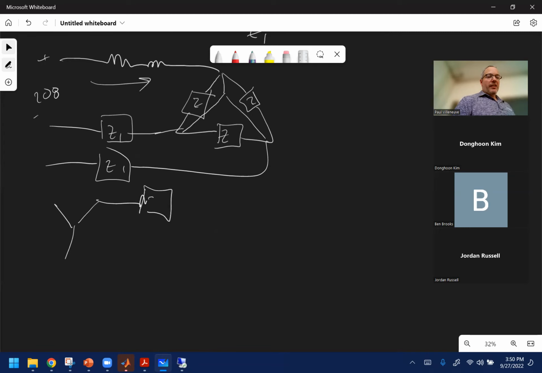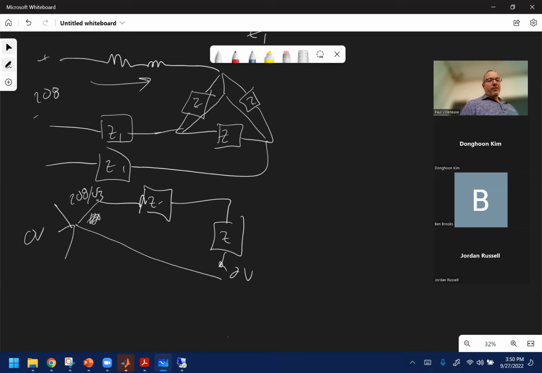So this is my Y circuit. I have a Z line, I have my Z at my load, and this is my neutral connection. This is 208 divided by the square root of 3, about 120. This voltage here in balanced systems is 0. So all I had was a series circuit.